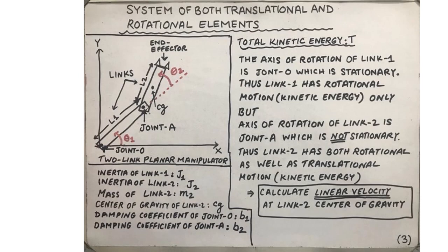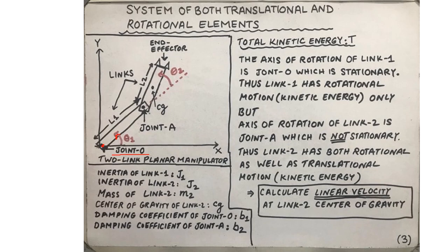Next, we proceed to the expression of the translational kinetic energy of the system. As described earlier, link 1 has no translational kinetic energy because it is rotating about a pivot, shown by joint 0, and the only motion link 1 exhibits is rotational motion.